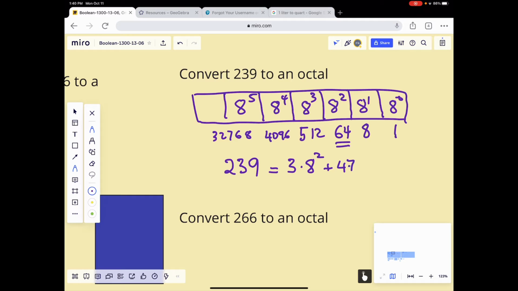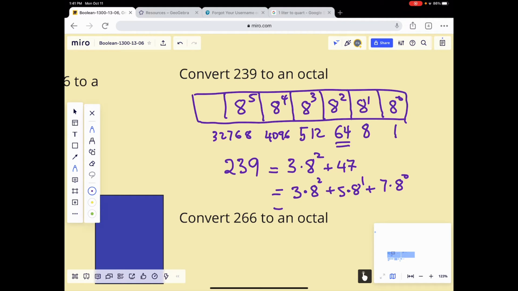Then you break down the remaining 47 into 8 to the power of 1 and 8 to the power of 0. So you write down 3 times 8 to the power of 2, plus 5 times 8, which is 40, that means 8 to the power of 1, and plus 7 multiplied by 8 to the power of 0.